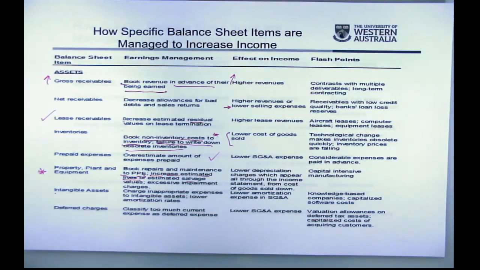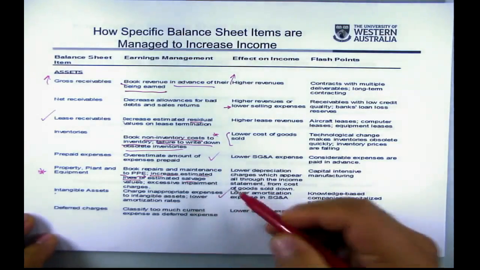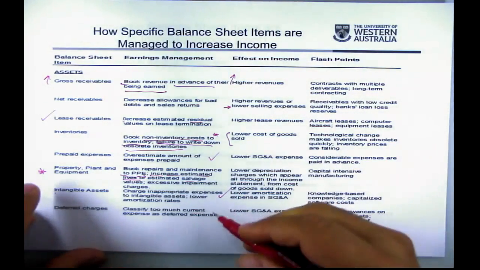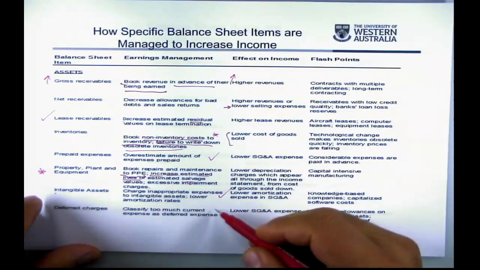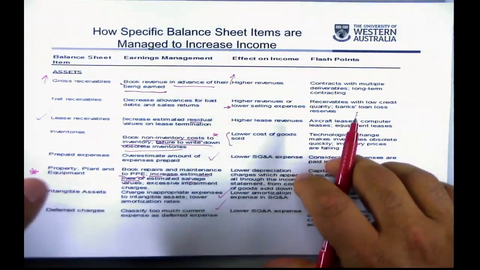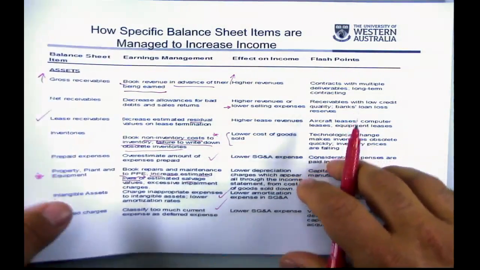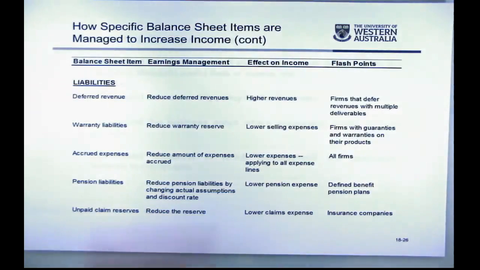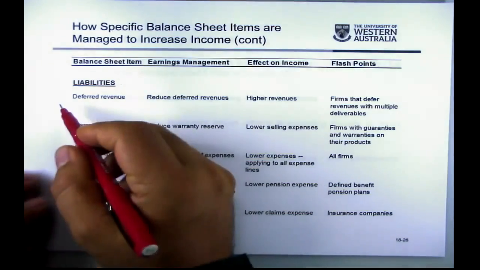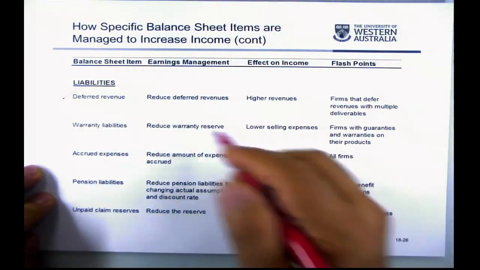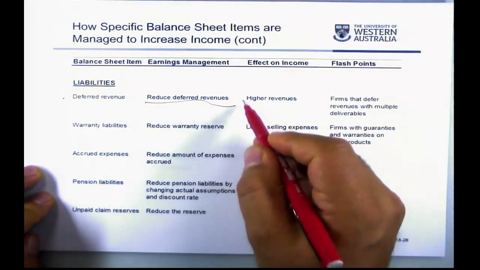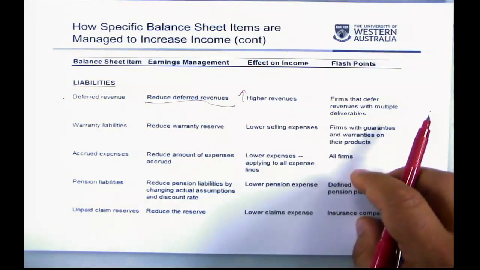Intangible assets, like when we charge inappropriate expenses to intangible assets, and also deferred charges. This is the case when we classify some current expenses as deferred expenses. On the liabilities side, deferred revenues could also be manipulated by reducing the deferred revenues in order to boost this year's revenues.